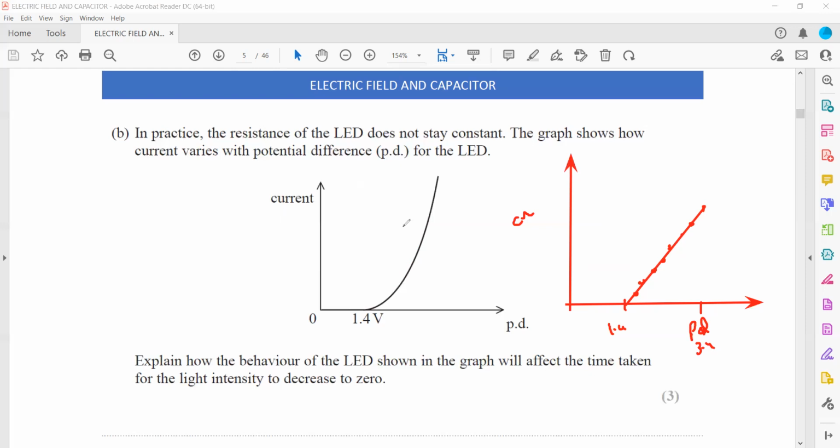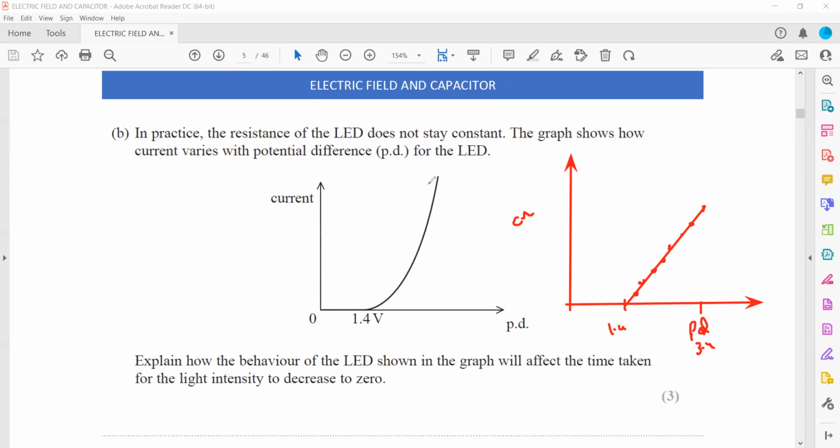and remember, the slope of the current and potential graph is the reciprocal of R. So if the slope is increasing, it means the change in the resistance is greater. As a result, the potential across it decreases gradually, but it will take a longer time.